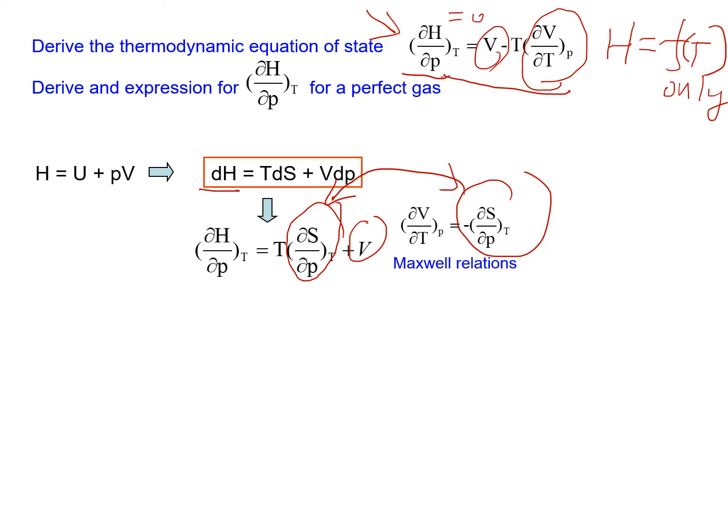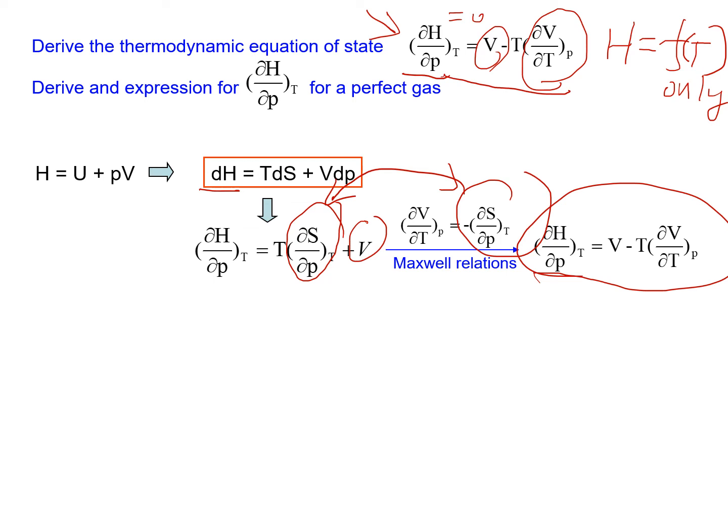So this question is an application of Maxwell relations. This Maxwell relation tells you the entropy derivative of pressure under constant temperature can be replaced by the volume derivative of temperature under constant pressure. By that, we have derived this equation. How do you calculate the enthalpy change for a non-ideal gas when pressure changes?